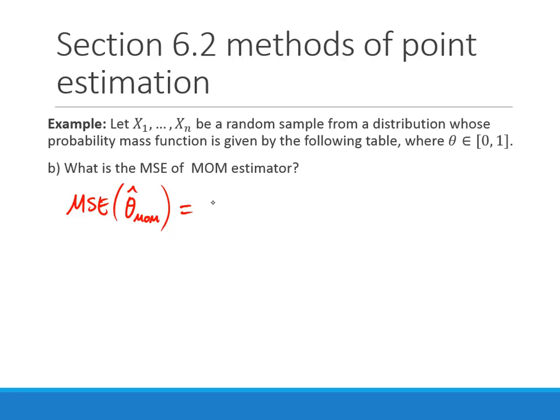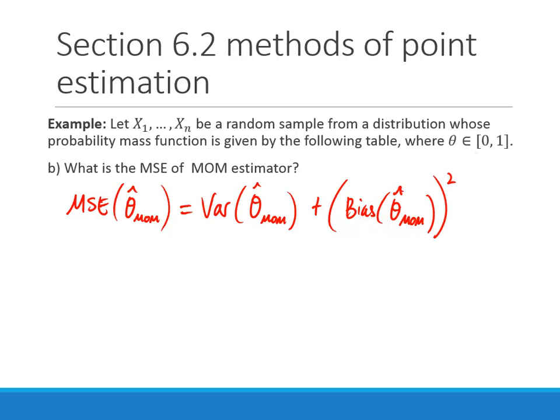And again, remember from our discussion in 6.1, the mean squared error is what? Does anybody remember what our shortcut for that is? Variance minus the bias squared. Variance, almost. Variance plus the bias squared. Exactly right. Very good. So we take the variance of our estimate and we add on the bias squared.